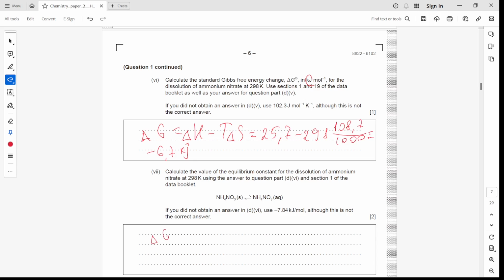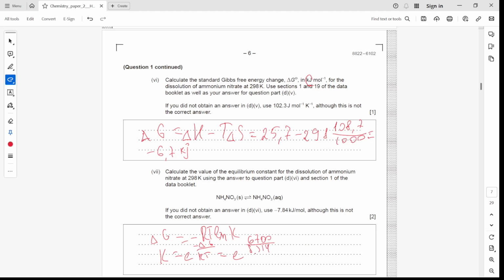We also know that Gibbs free energy is minus RT natural log of the constant. So the constant would be e to the power minus delta G divided by RT, which is going to be e to the power 6700, because for the constant it must be in joules, and I calculated this in kilojoules.